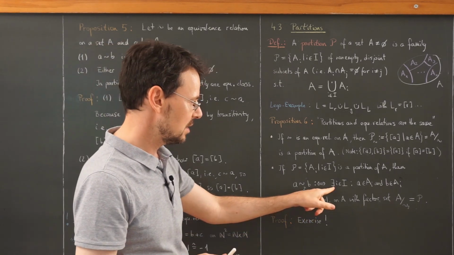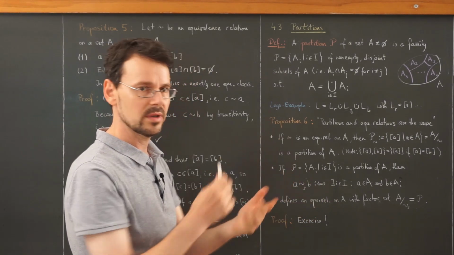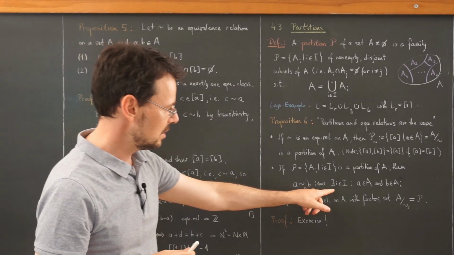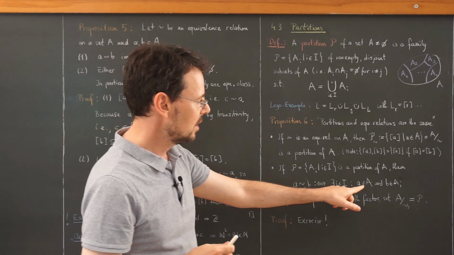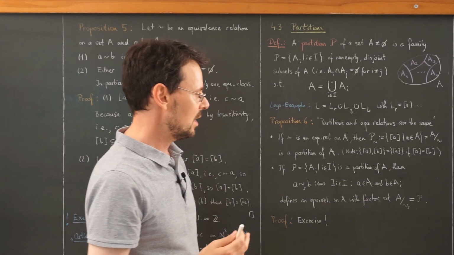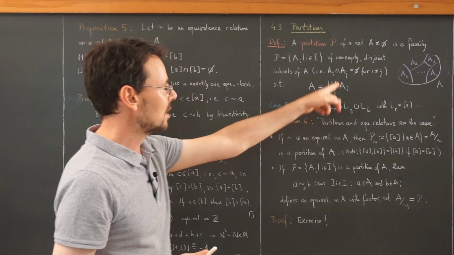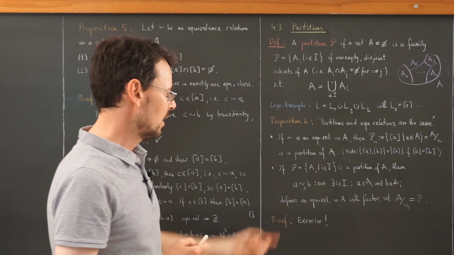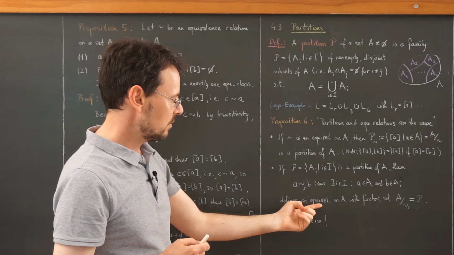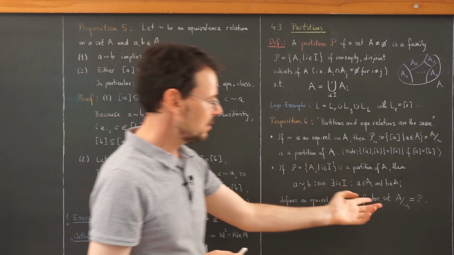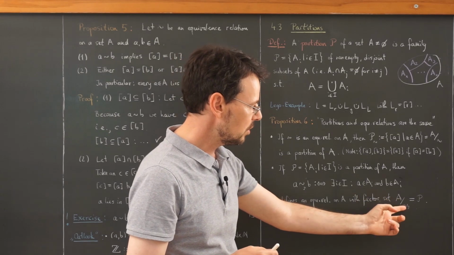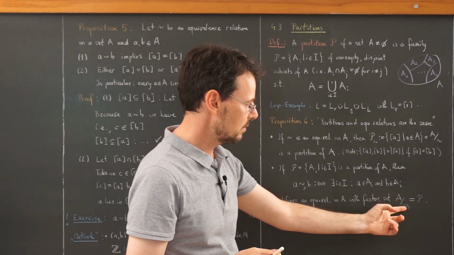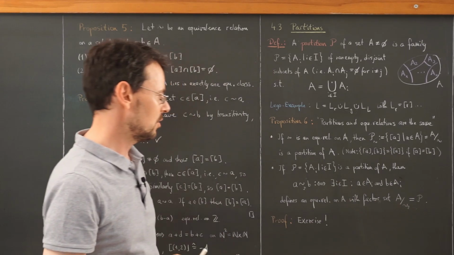This here, the mirrored E, means exists. There exists one i in the index set such that a and b are elements of the same subset in this partition here. Then the claim is this defines an equivalence relation on A, and the factor set of A modulo this equivalence relation is nothing but the partition itself.